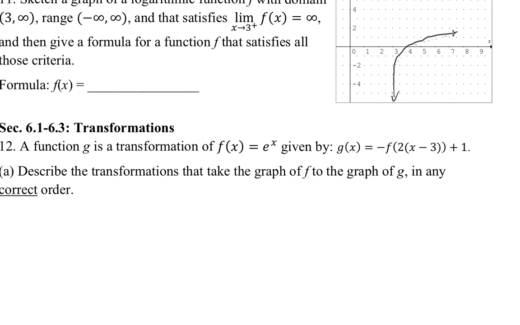Well, we could fix this by actually inverting this graph. So maybe think about what graph we have right now. Right now we have natural log of x minus 3, because we shifted it to the right 3. If we invert it, we stick a negative sign there, it'll flip over the x-axis. So then that'll work.